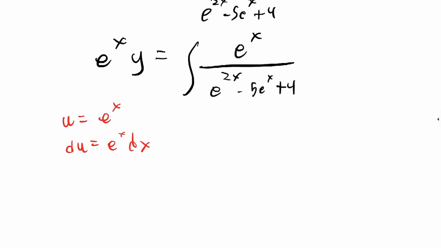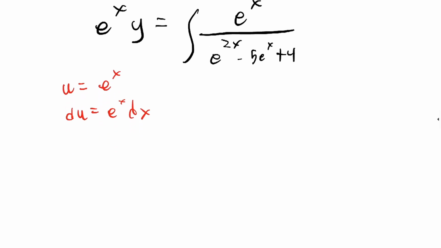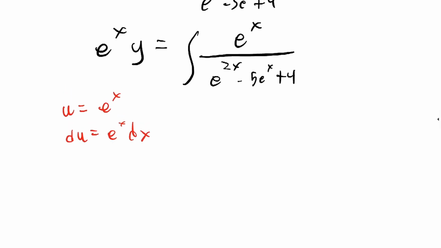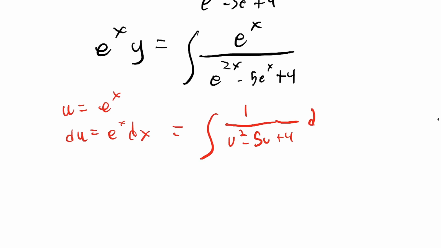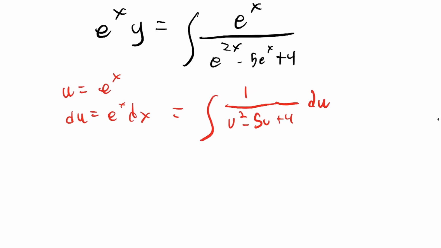If we apply this, we're going to have the right hand side, and we're going to do partial fractions. So first, after the substitution, you will get the following result: 1 over u squared minus 5u plus 4, and this is all going to be du. So hopefully you guys saw where that all came from.